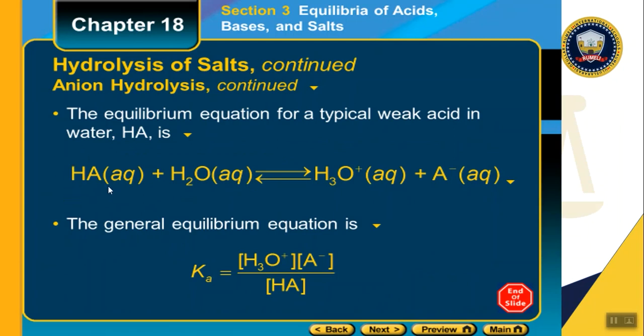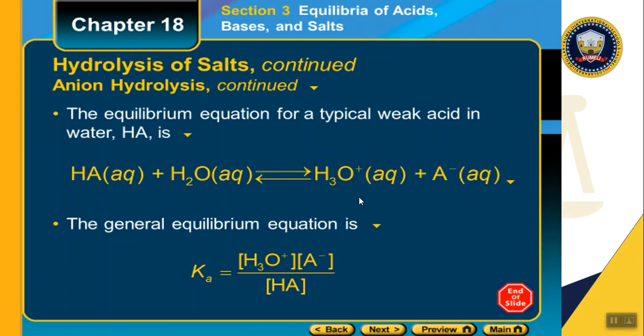Here, this is the anion part, which will react with water. This is an ion part from what? From the reaction between weak acid and strong base. They will form what? Hydronium ion and A negative.